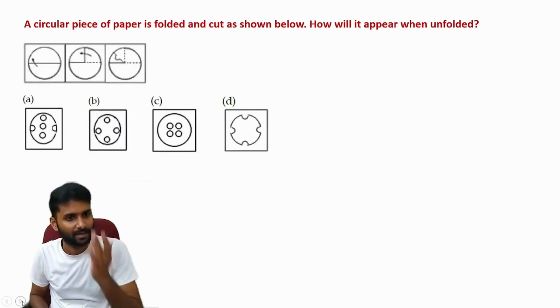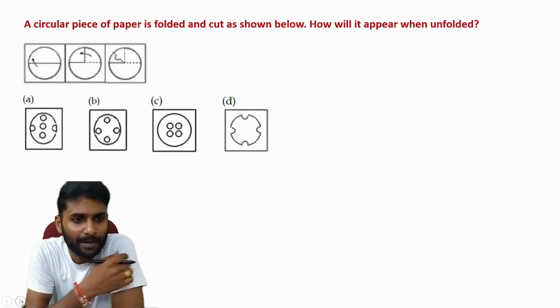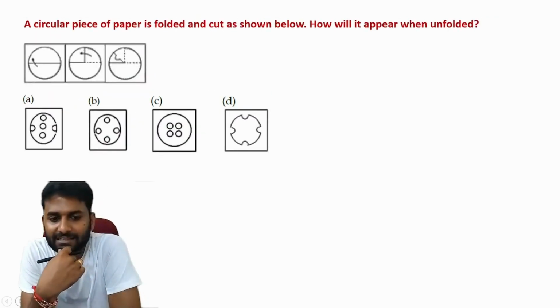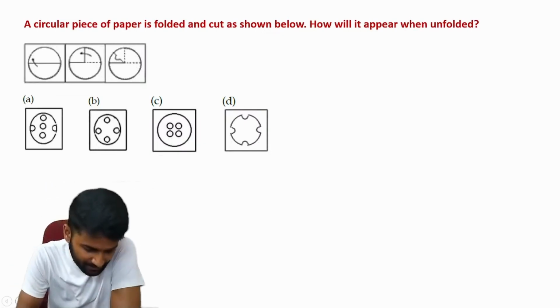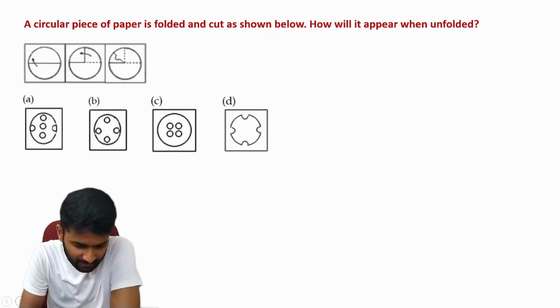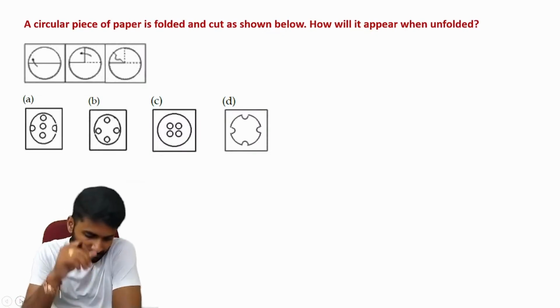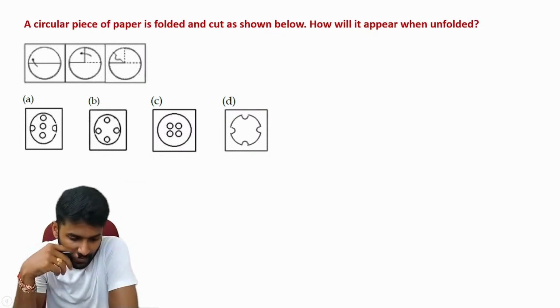Next. Now here a circular piece of paper is folded and cut as shown below. How will it appear when unfolded? So this is the paper cutting and paper folding concept. Once it is open, how does it reflect across the entire paper?